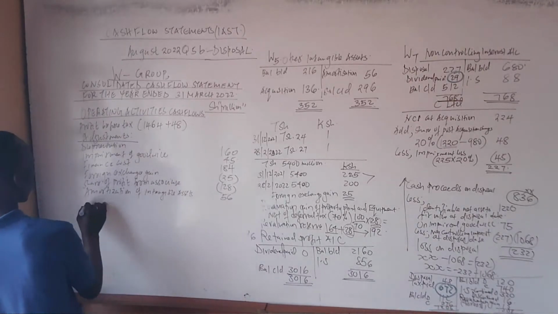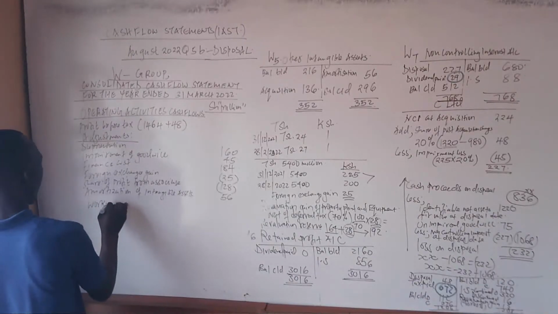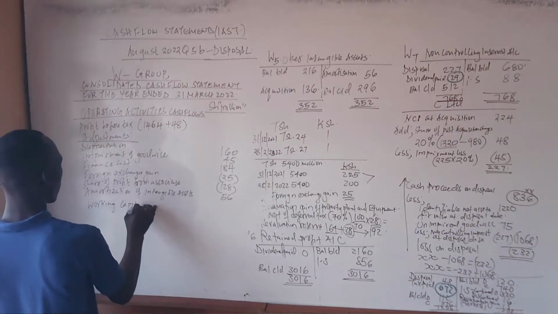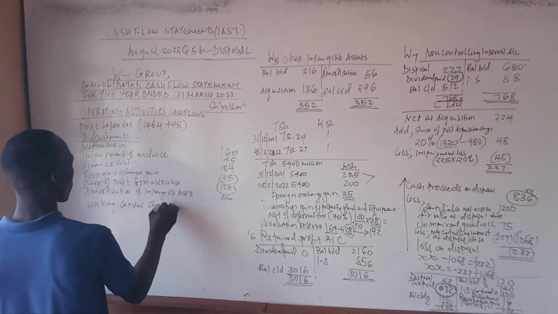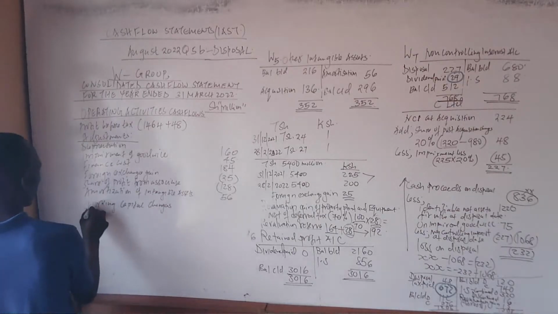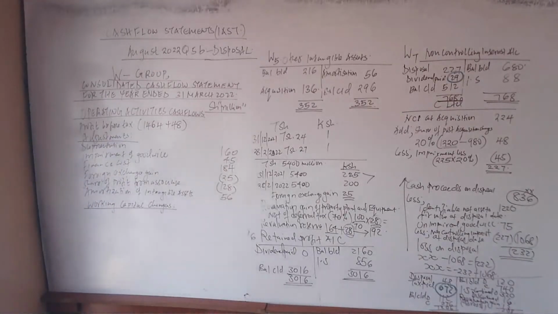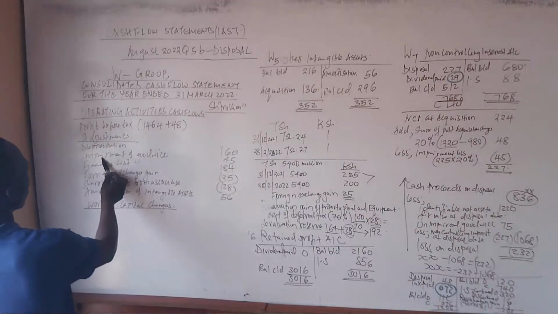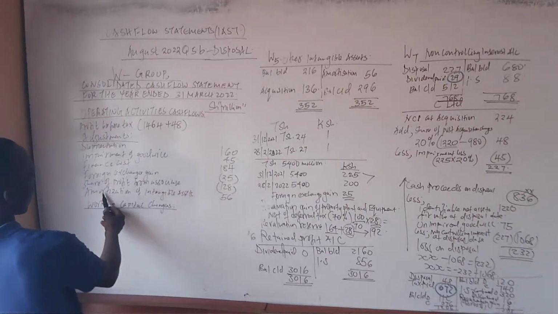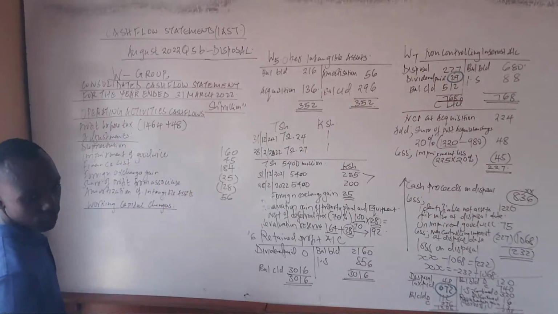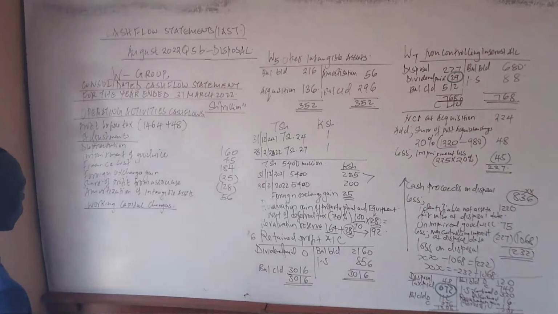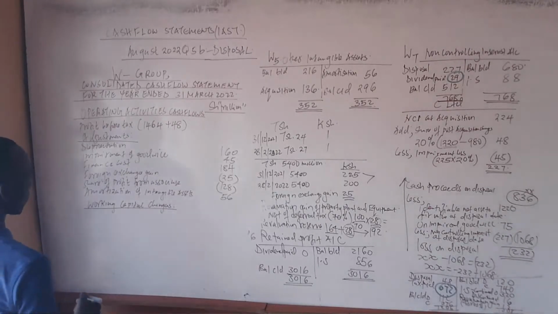Then we go to working capital changes. We have impairment of goodwill and amortization of intangible assets. So let us go to the working capital changes.